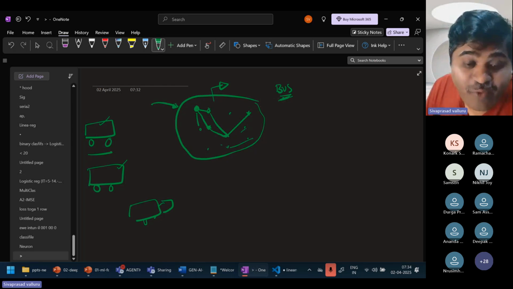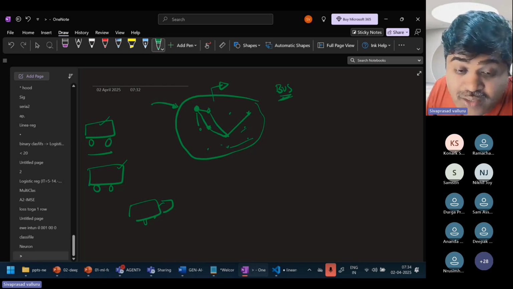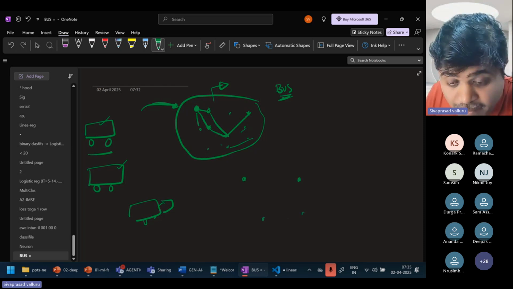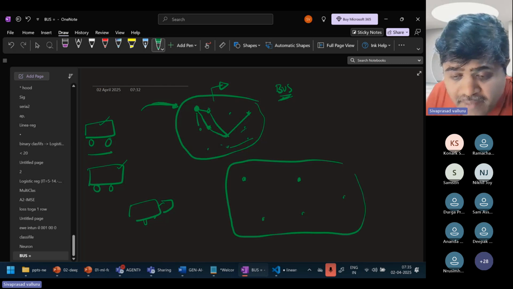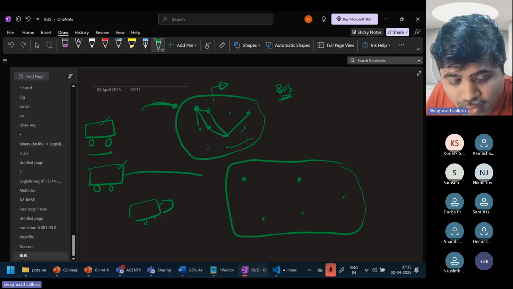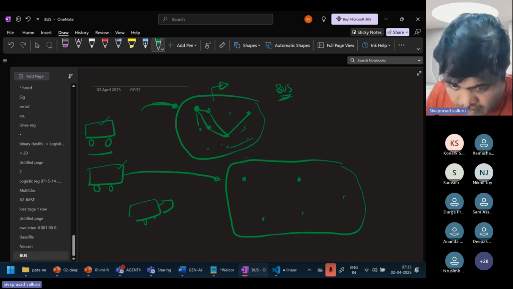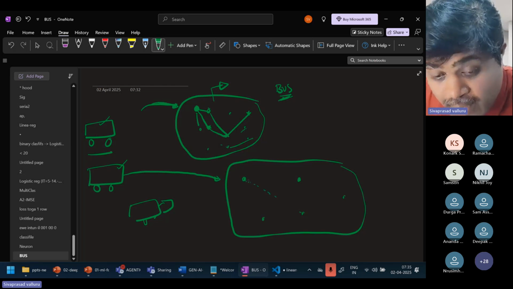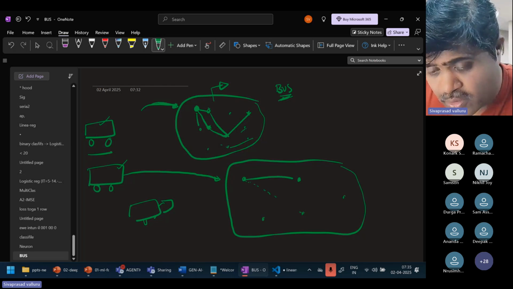So I want you to understand that neurons get activated based on signal. Now, suppose these are the neurons in my brain. Whenever my brain sees a new car or a new bus, maybe there is a light connection between these neurons and a strong connection between these neurons.